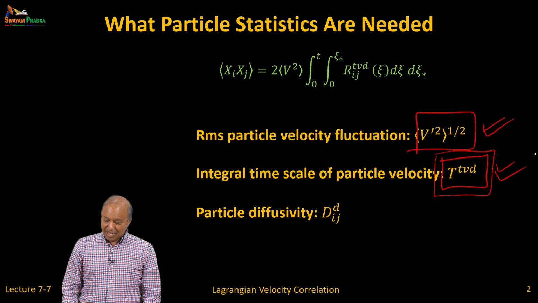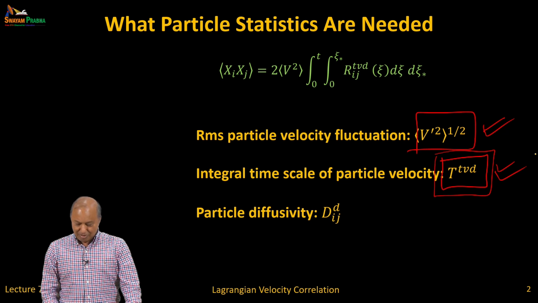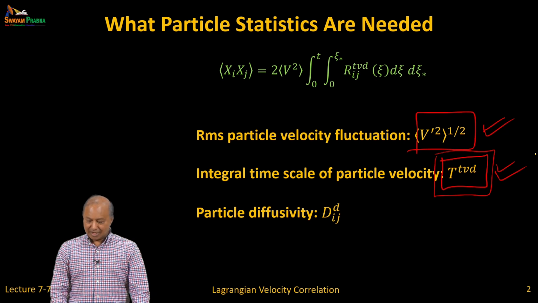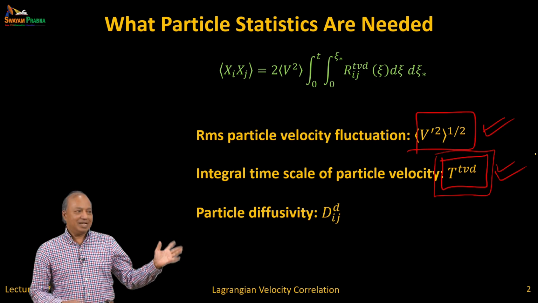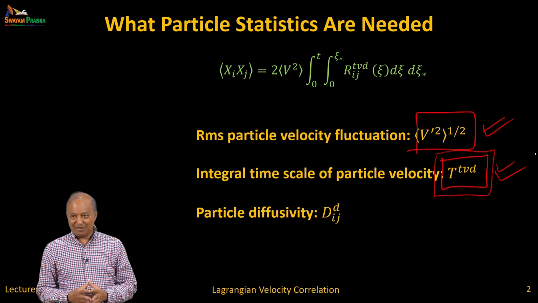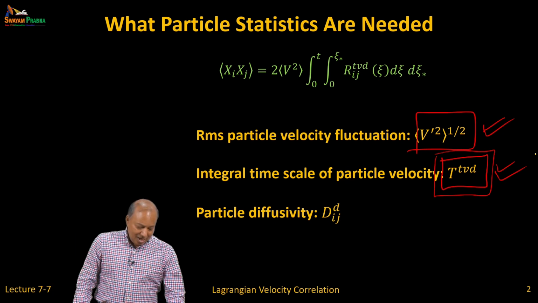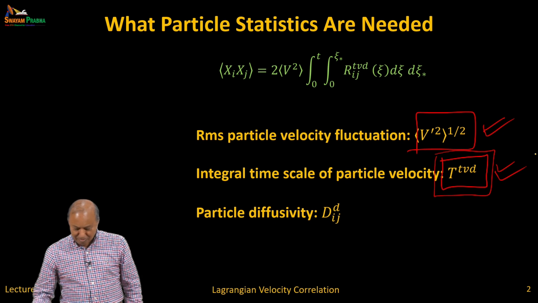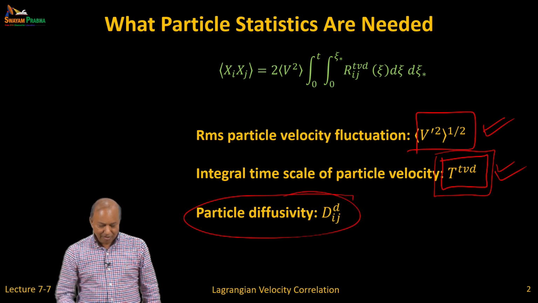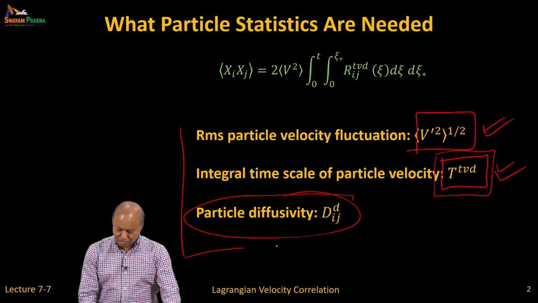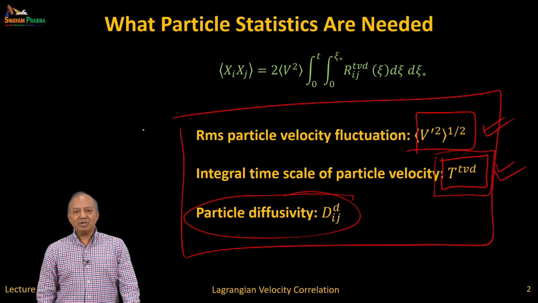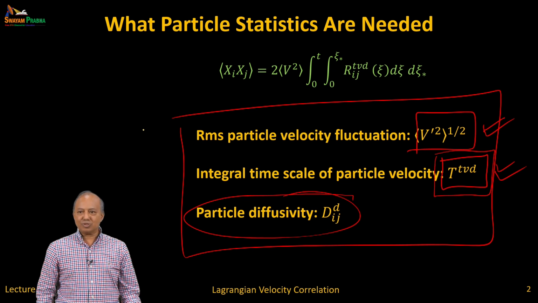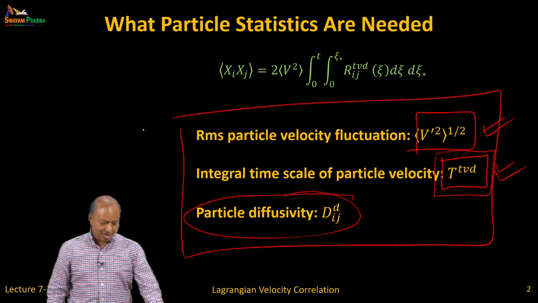This time scale on which the particle remembers its velocity is what I explained in the previous slide, how it changes with varying effects. Ultimately, I said that maybe we might need the particle diffusion coefficient. So these are the three quantities related to the particle we are interested in, and it depends on particle size or the Stokes number, density ratio, and things like that.